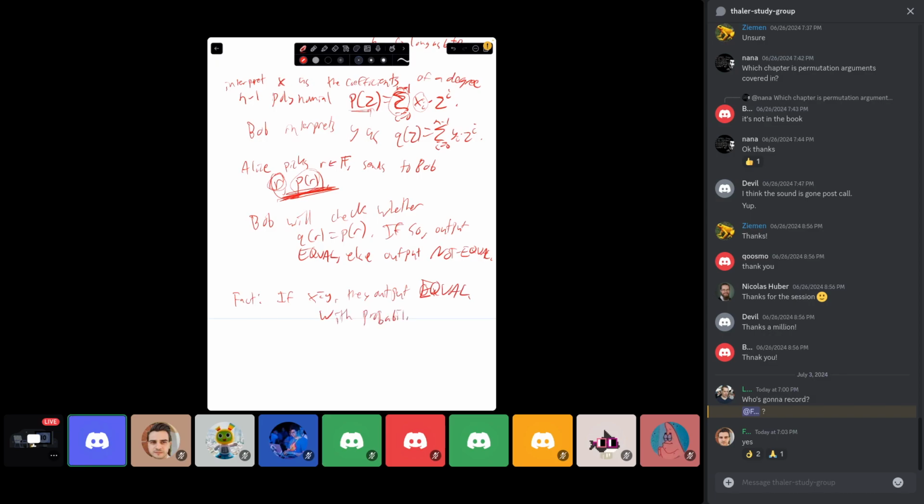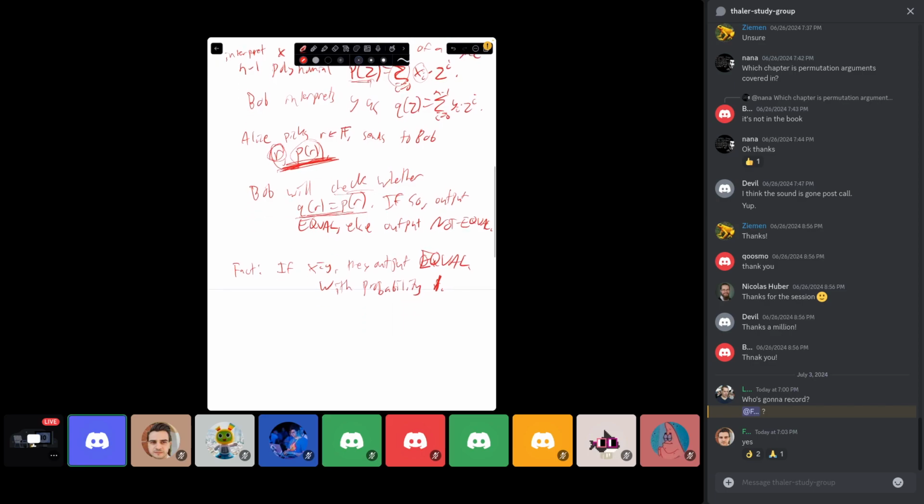Because in the protocol, with probability 1, p and q are the same polynomial, and if you evaluate the same polynomial at the same point, you get out the same thing, obviously. And so Bob's check will always pass, and he'll output equal if x and y are indeed equal. And if they're not equal, then p and q are different polynomials.